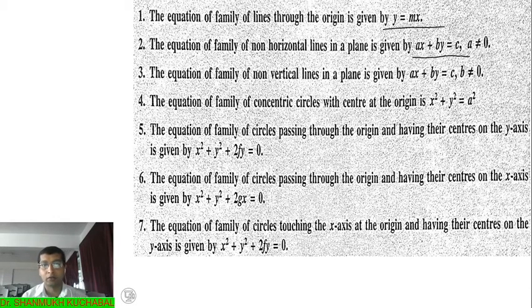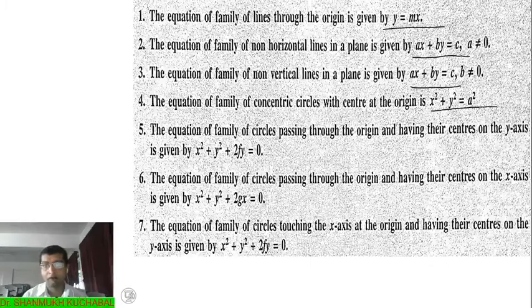The equation of a family of non-vertical lines in a plane is given by ax plus by equal to c. The equation of a family of concentric circles, that is circles having a common center, is given by the expression x square plus y square equal to a square.